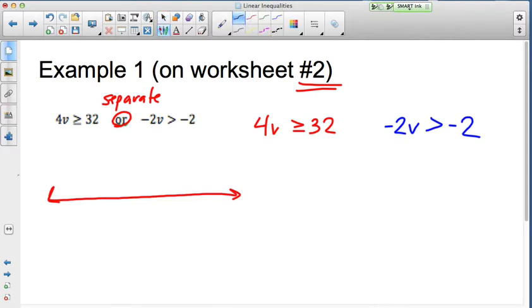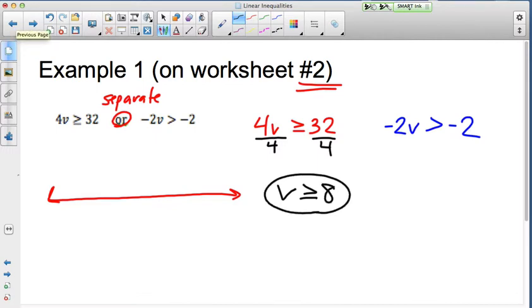So let's solve both. For the first one, to get v by itself, I would divide both sides by 4. v is greater than or equal to, 4 goes into 32 8 times. For the second inequality, to get v by itself, I divide both sides by -2.